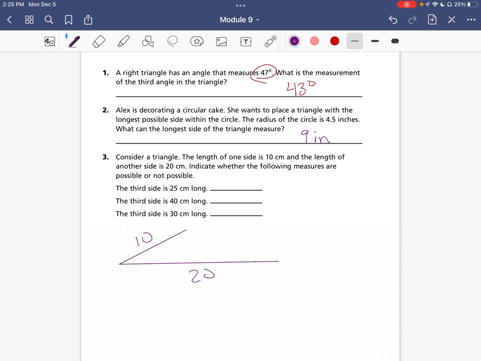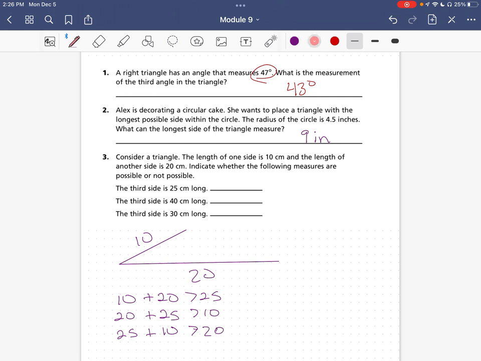So let's see here. We're going to go to our triangle inequality theorem. Let's try our 25 centimeters first. So 10 plus 20 is greater than 25. 20 plus 25 is greater than 10. And what's our last one? 25 plus 10, yeah, is greater than 20.